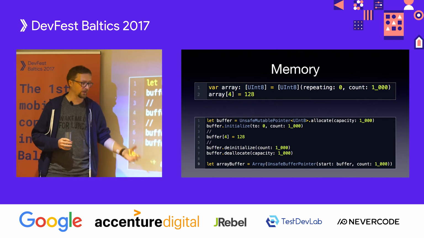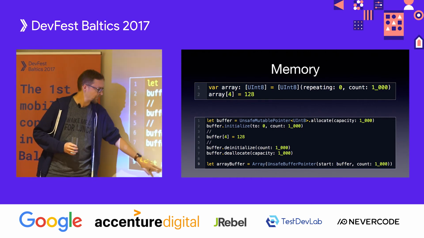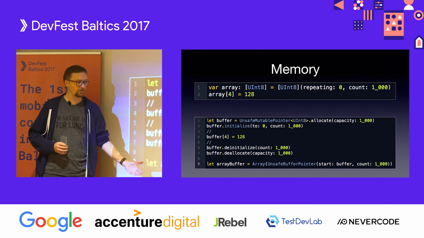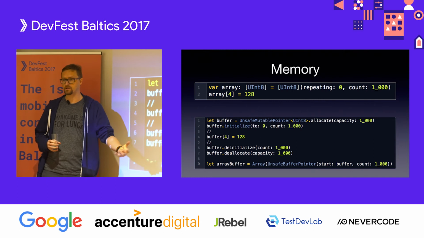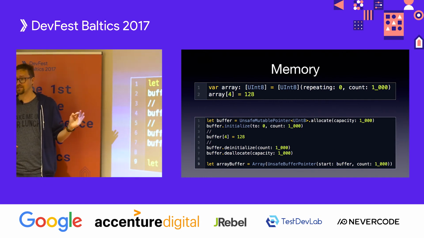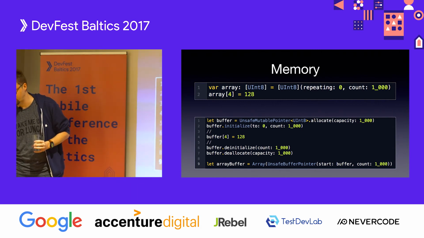And after I'm done, of course, somewhere here I can create the array again from the raw bytes. And this is very fast, very damn fast, compared to working with a value type array.